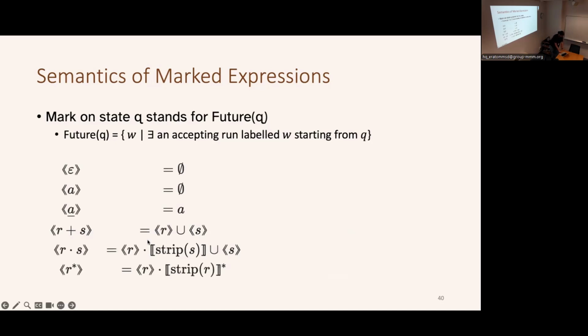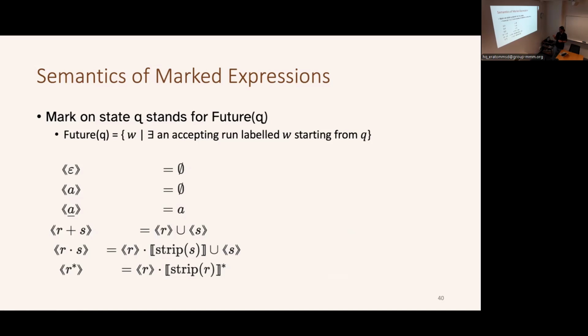So if we have a mark, we just use this letter. Union is simple, but notice concat. So for concat, we take the marked semantics for R, and then we have this. So this says that look at all the words that start from marked states in R, and then look at all the words that start from marked states in S, and star is similar.